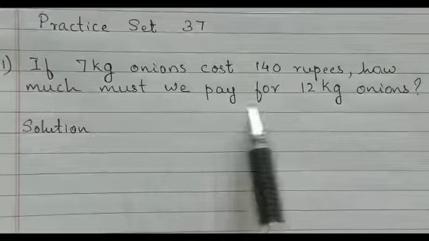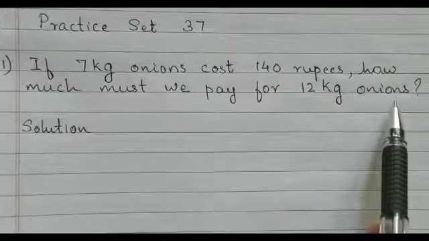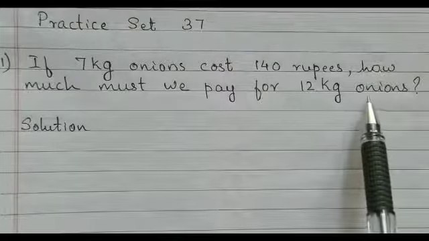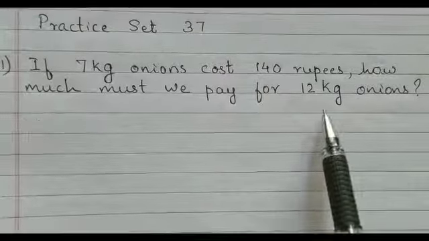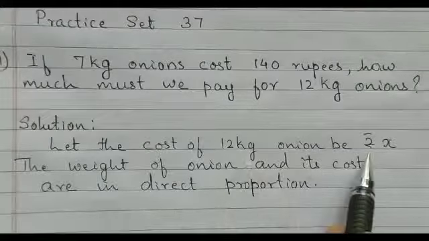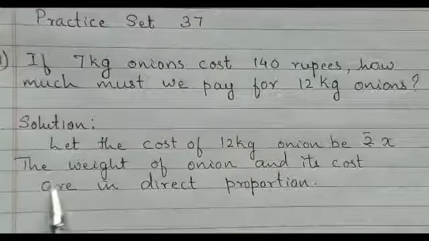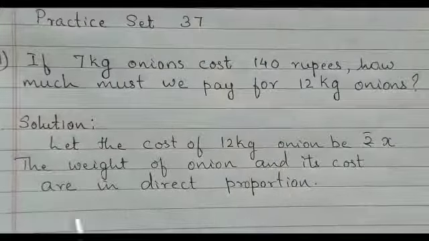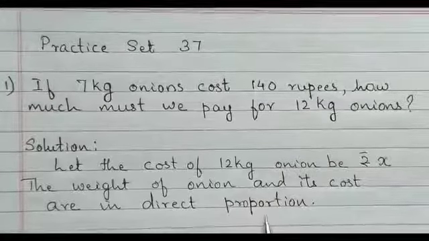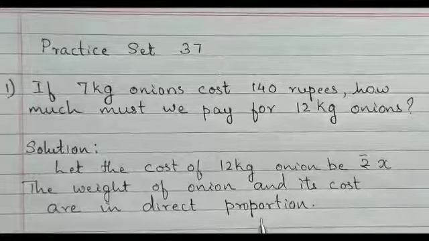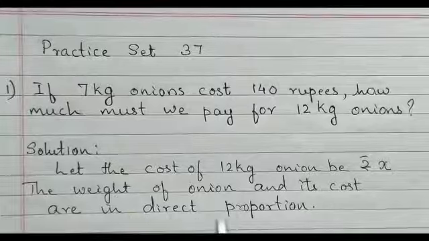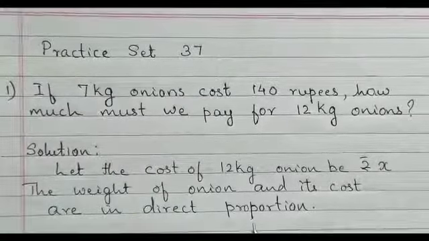Now we have to find the cost of 12 kg onions. Let us consider that the cost of 12 kg onions is x rupees. So let's write that first. Let the cost of 12 kg onion be x rupees. The weight of onion and its cost are in direct proportion. As this is an example of direct proportion, we know that the ratio of weight of onions to the cost of onions will be a constant.